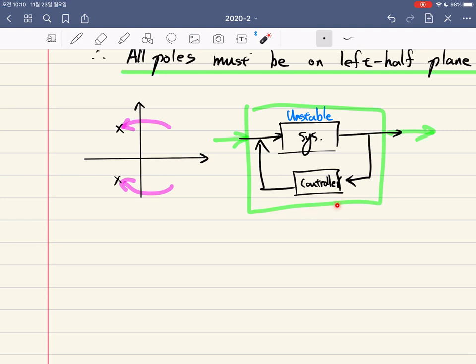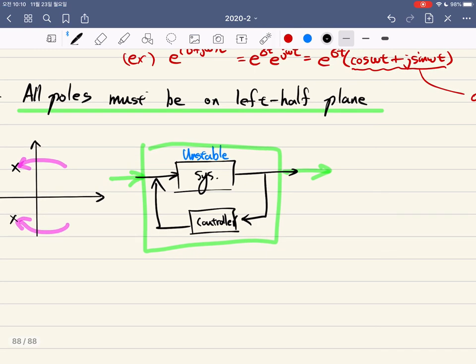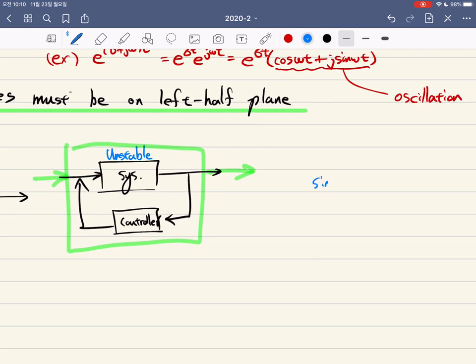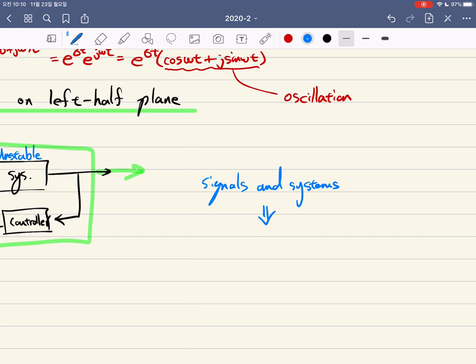However, it's really good for you to study more about the controller based on your signals and systems. Actually, the things that you learn in the signals and systems course, like the Laplace transform and the Fourier transform, are the basis of the classical control lecture.